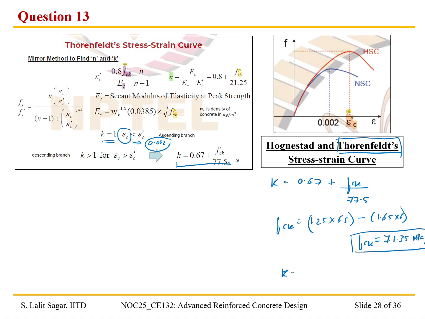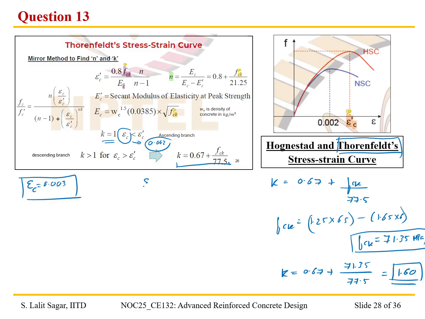So the value of K becomes 0.67 plus 71.35 divided by 77.5, which gives us a value of 1.60. Okay, very important.